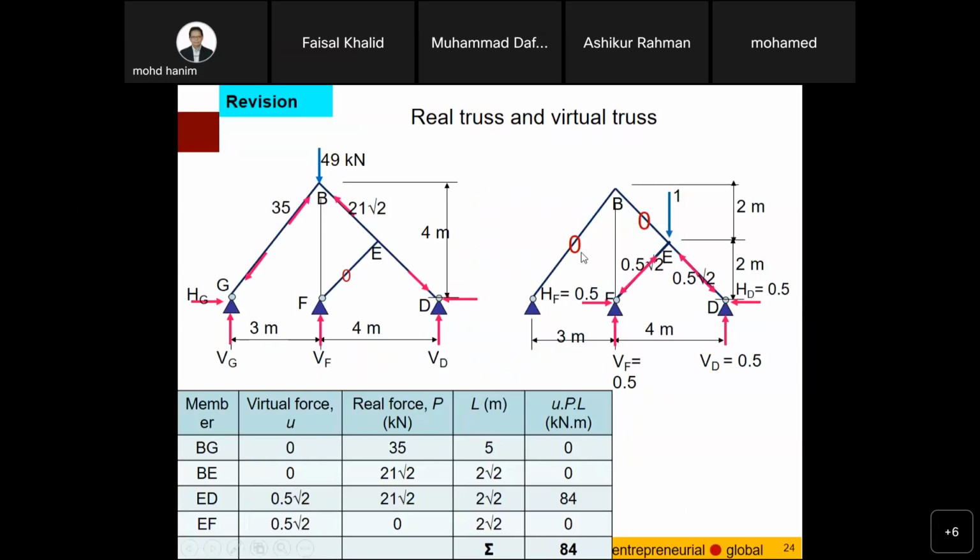And you see here, zero force member, zero force member. What is left here is the compression member. Now your work becomes easy because the rest of the members are zero.